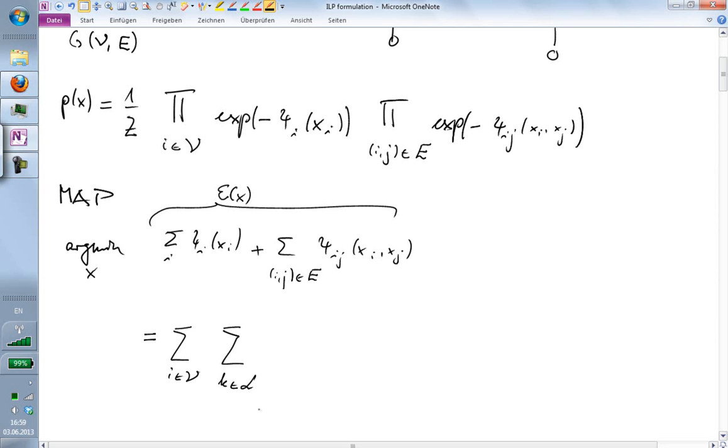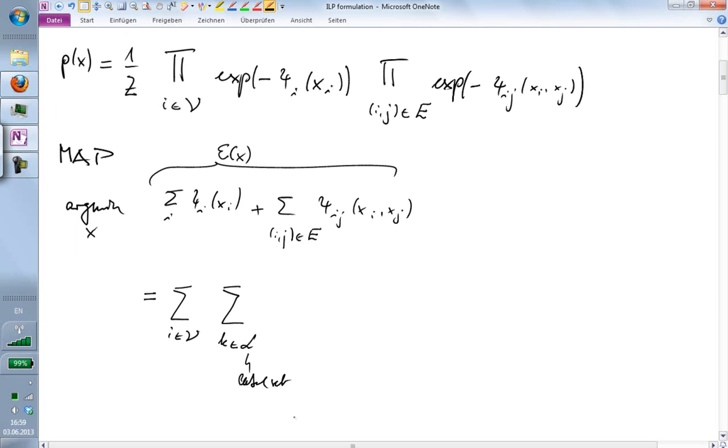I'm using script L to indicate the label set, so the set of labels that each random variable in this categorical distribution can take. And here are my indicator variables. I use subscript i to indicate its location in the image, and I use k to index the label. And I multiply this with the single site potential. Excuse me, this should be k.